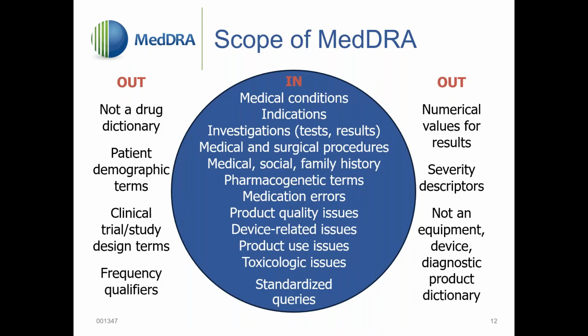So it incorporates terms for medical conditions, diagnosis, clinical signs and symptoms, indications for use, investigational terms, test results, test names and also test results with qualifiers, increased, decreased, normal, abnormal, medical and surgical procedure terms, terms that relate to medical, social, and family history of the patients for coding medical history data, pharmacogenetic terms, toxicologic issues, many terms that relate to medication errors or product use issues, and also product quality issues and device-related issues.